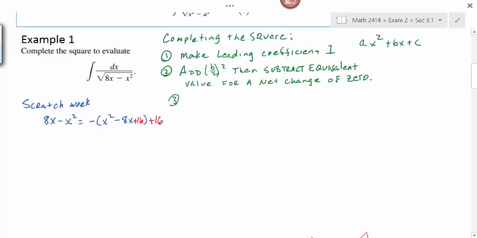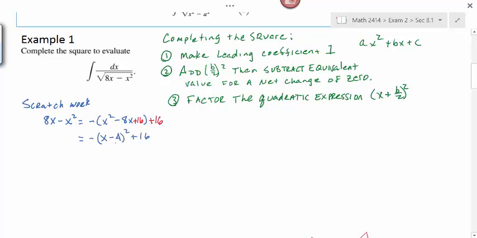The next thing that we do is we factor the quadratic expression into x plus b over 2 squared. Over here then, that means that I can factor my quadratic expression into x minus 4 squared plus 16. What I have written in green are just the steps for completing the square. Now I'm going to rewrite this integral and then solve it.